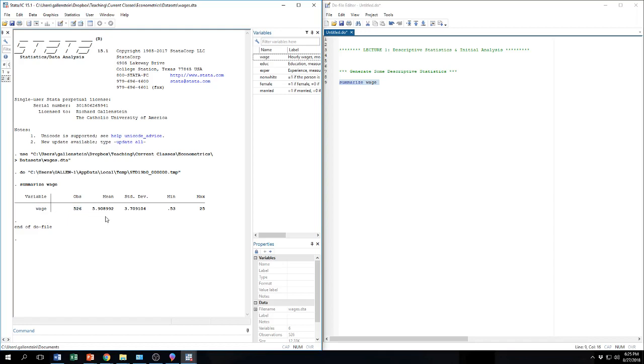The average wage is $5.91 an hour. The standard deviation is 3.7, which is how widely distributed the data is. The minimum value is 53 cents per hour, and the maximum value is $25 per hour.